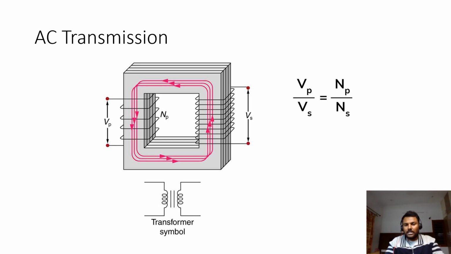Simple: if we want more voltage at the secondary side, if NS increases, meaning the secondary winding size increases, the voltage at the secondary side also increases. Both windings are not connected at all, but because of the magnetic field the voltage increases. This is the functionality of a transformer.